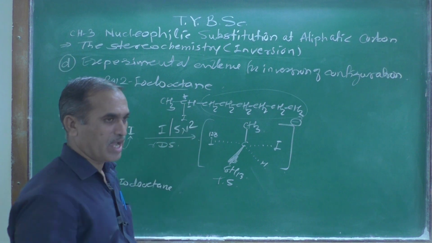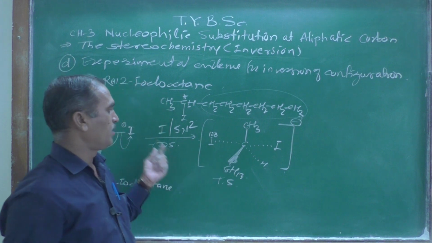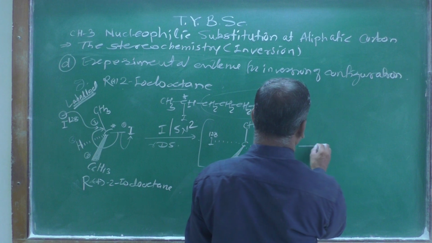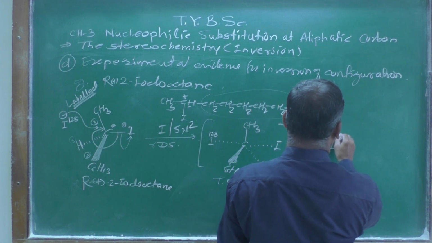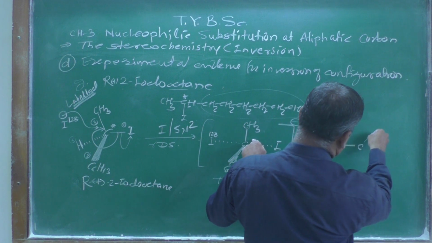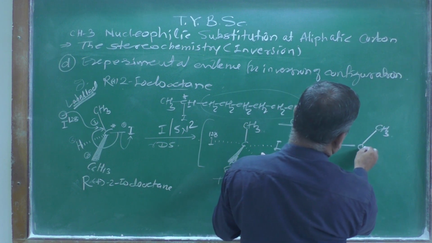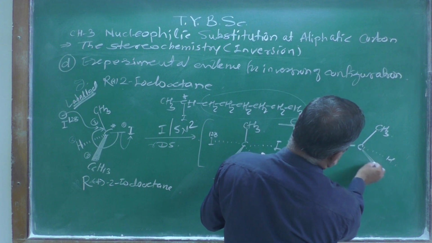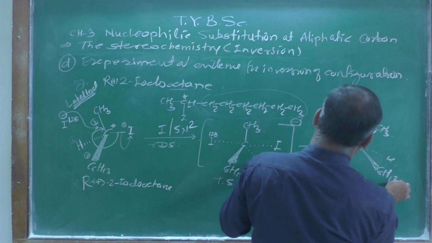In an SN2 reaction, as we know, the nucleophile approaches from the backside, and the resulting compound we are getting in this case is this one: I128, then C, the methyl group is like this, CH3, and one of the hydrogen atoms will be like this, and another group which is this one, C6H13.